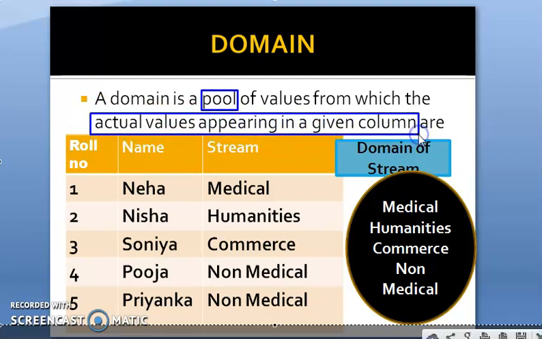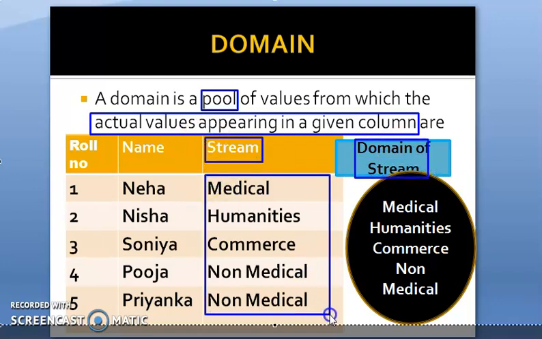Suppose we are getting the domain of a particular column, here in the example the domain of stream. So the stream has data items like this. One is medical, another one is humanities, the third one is commerce, and non-medical, which occurs 2 times because 2 persons are studying non-medical.